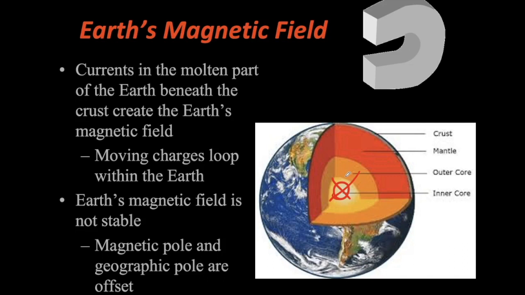It can be iron and some other metallic elements that form that electric charge. The Earth's magnetic field is not stable. The magnetic pole and the geographic pole are offset, and we're going to look at that in just another slide.